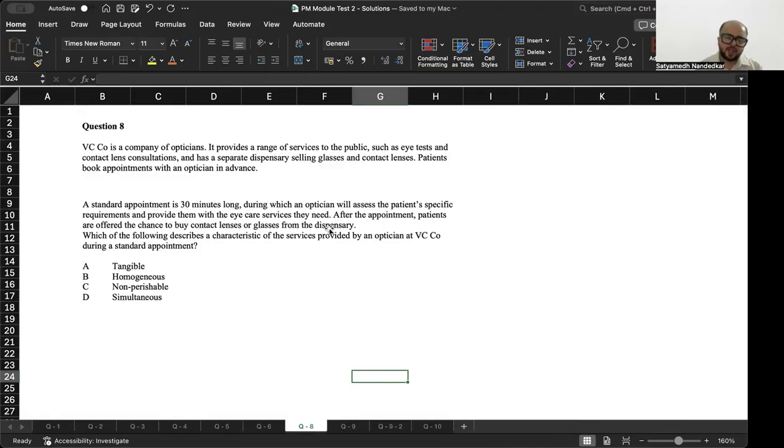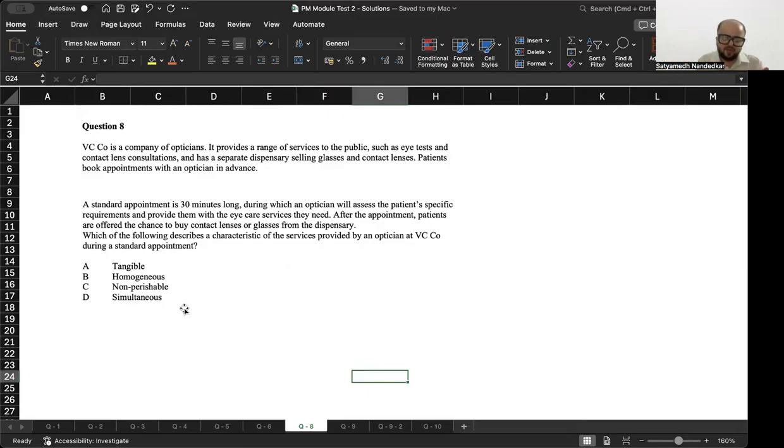Which of the following describes a characteristic of services by an optician at VC company during a standard appointment? Okay, characteristic of service. Tangible, no, it's not tangible. Homogeneous, no, it will differ from patient to patient. Non-perishable, well, it is perishable once it's delivered. If you want another eye checkup, you have to get it done again.